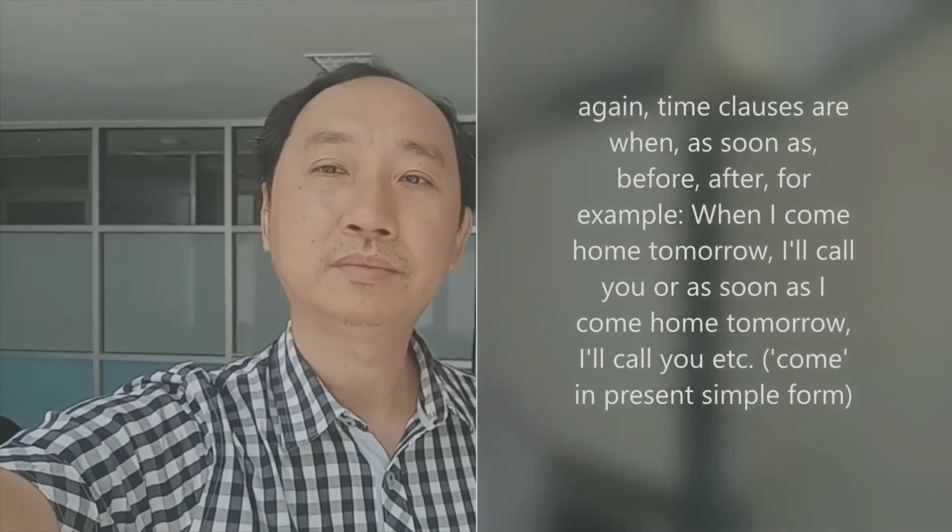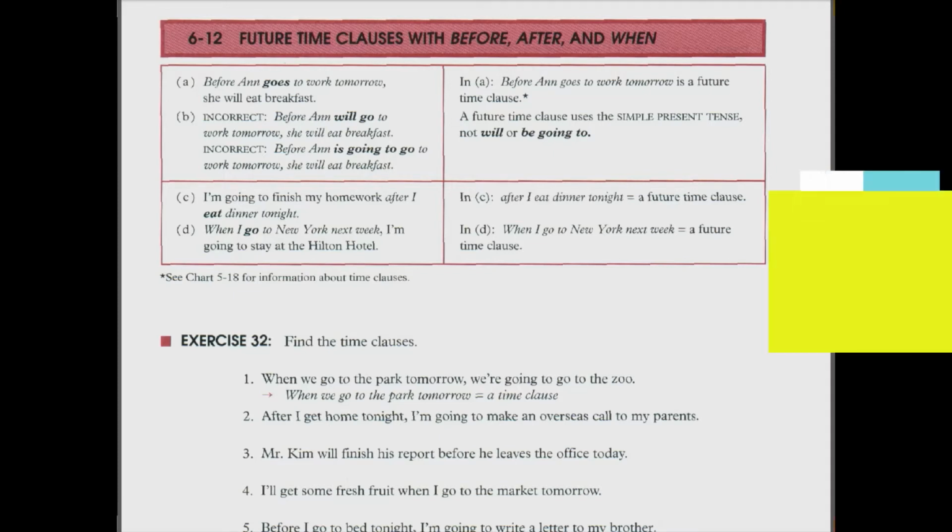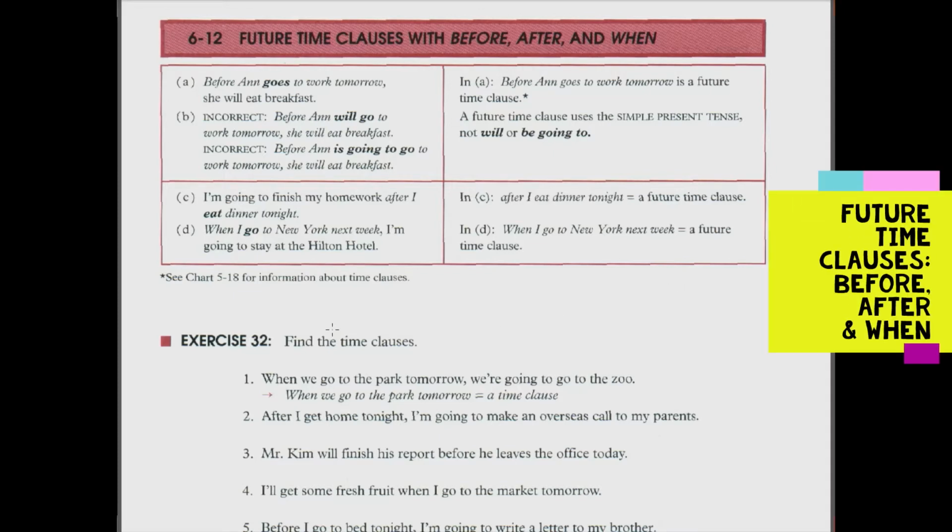Find the time clause. Where is the time clause?